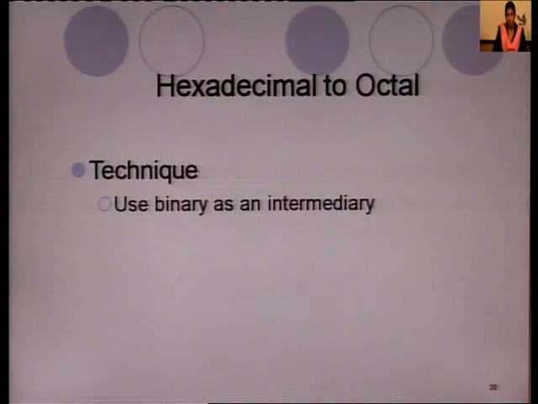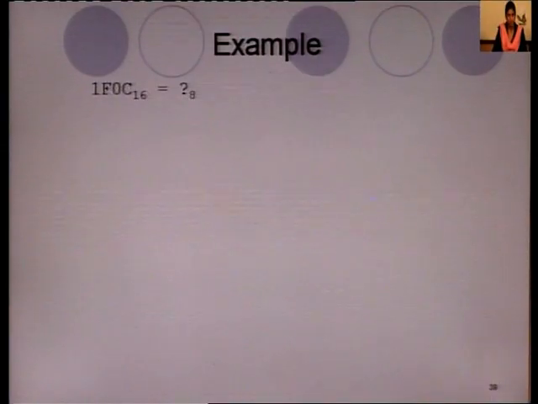So we should know how to convert hexadecimal to binary and how to convert binary to octal. For example, we have 1F0C. This is a hexadecimal number having base 16, and we want to convert it to a value having base 8, that is the octal number system.